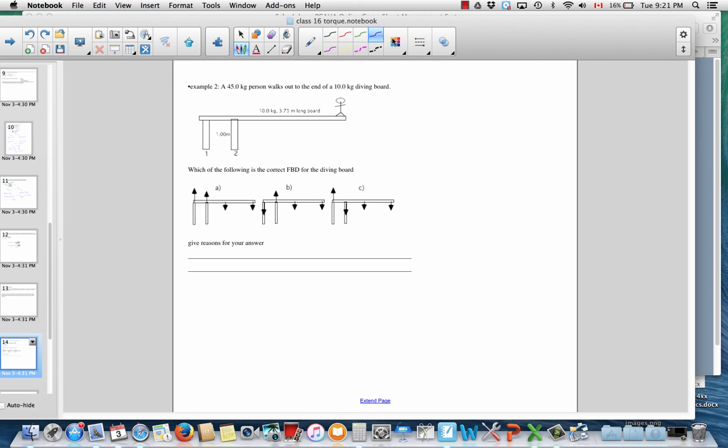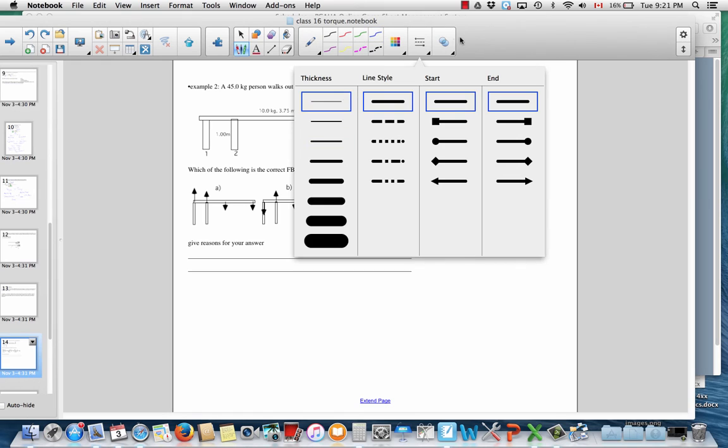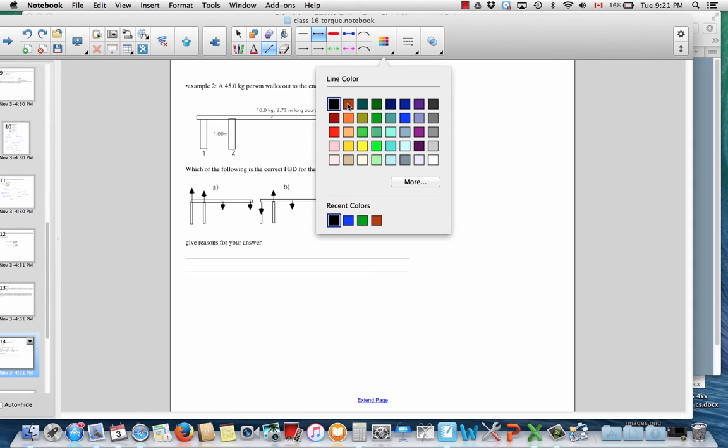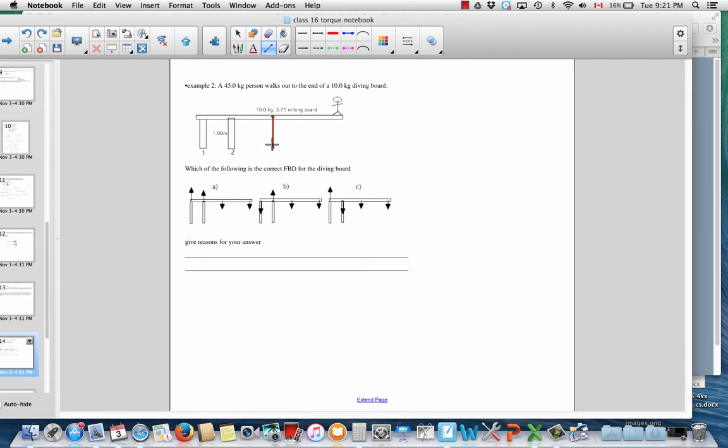Okay, so hopefully you've had a chance to think about that for a moment. And hopefully you realized that because the board has weight downwards, let's do nice arrows here. So the board's got weight, and the person's got weight.